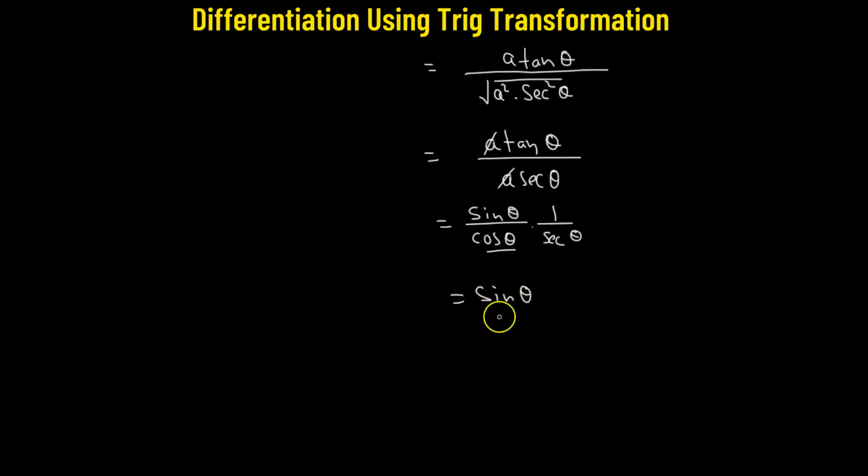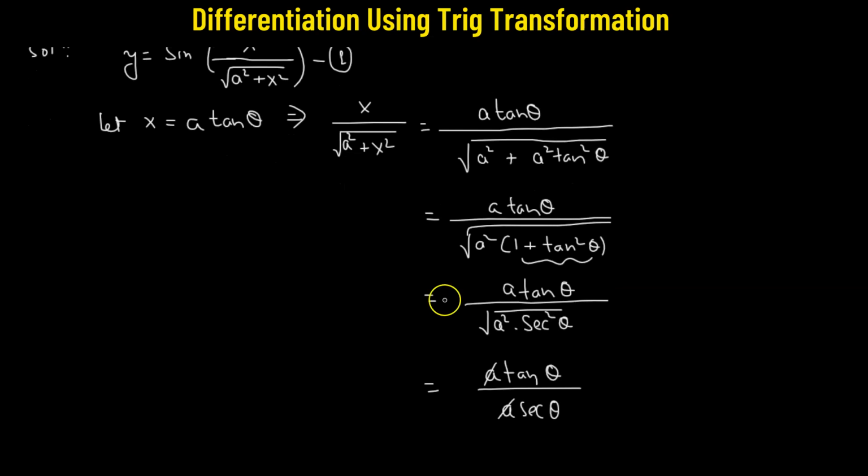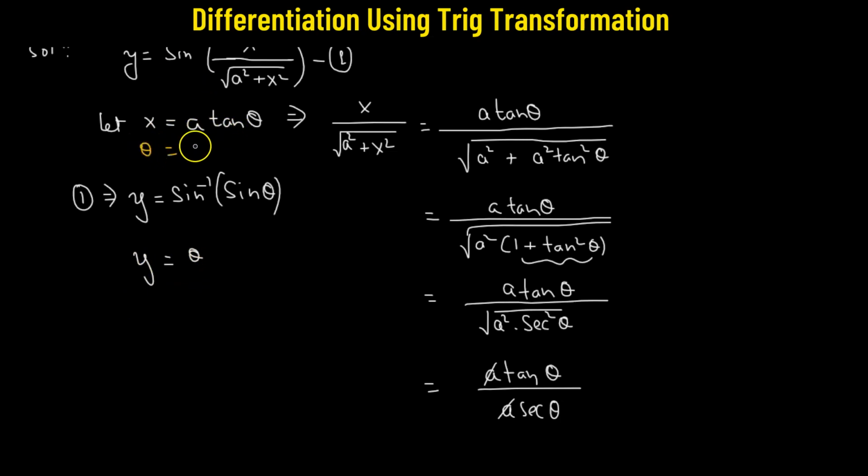Right. Now that we have sine theta, we can rewrite equation number 1 as y equals sine inverse of sine theta. This gives us y equals theta, and since we considered x equals a times tangent of theta, theta must be equal to tangent inverse of x over a, and our y becomes tangent inverse of x over a.